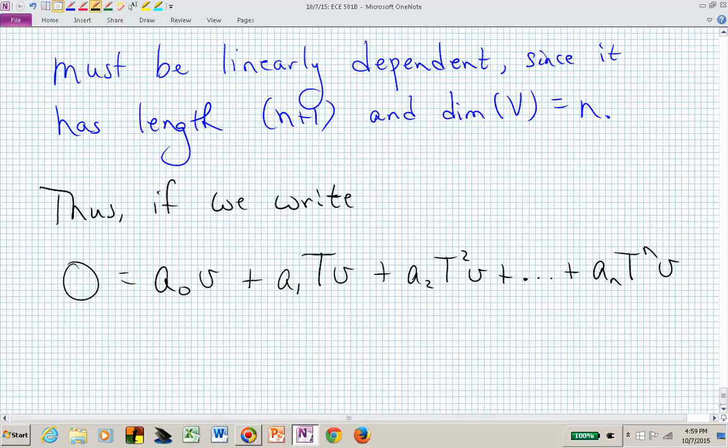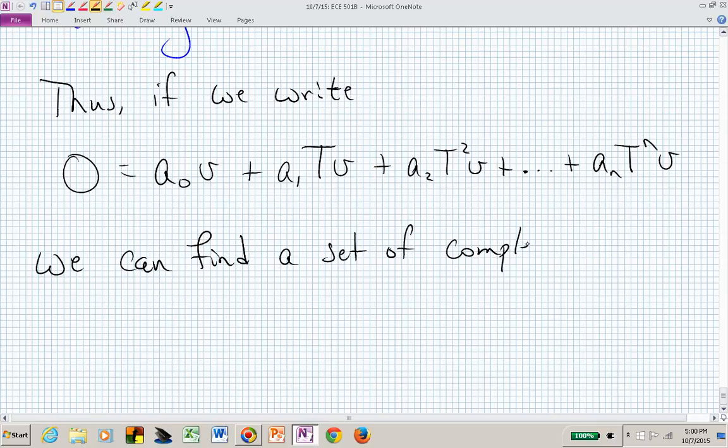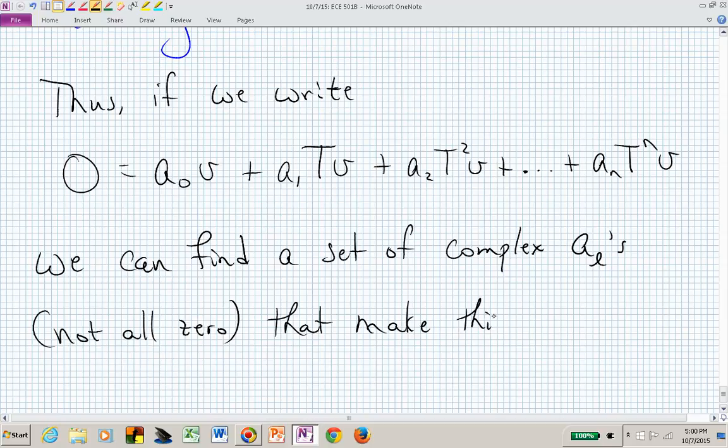Thus if we write this equation, which has n plus 1 terms on the right, we have n plus 1 coefficients, we can find a set of complex a sub l's that are not all 0 that make this equation true.